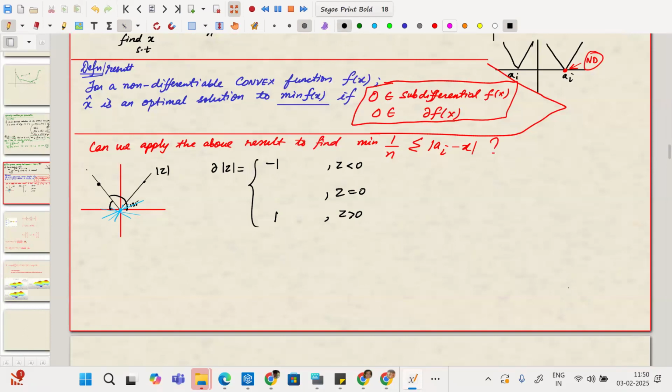Some number w we don't know. That's why it is non-differentiable. But that w we know belongs to minus 1 and 1. So this is how the subdifferential is defined. You cannot write the derivative, but you can always write a subdifferential for a non-differentiable function.